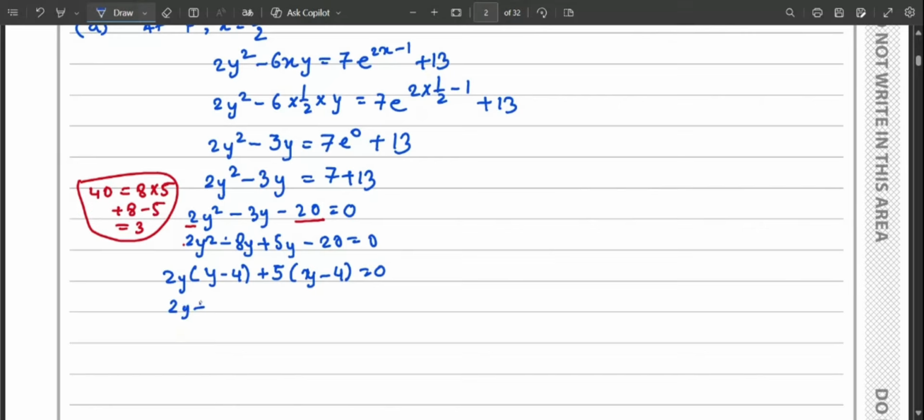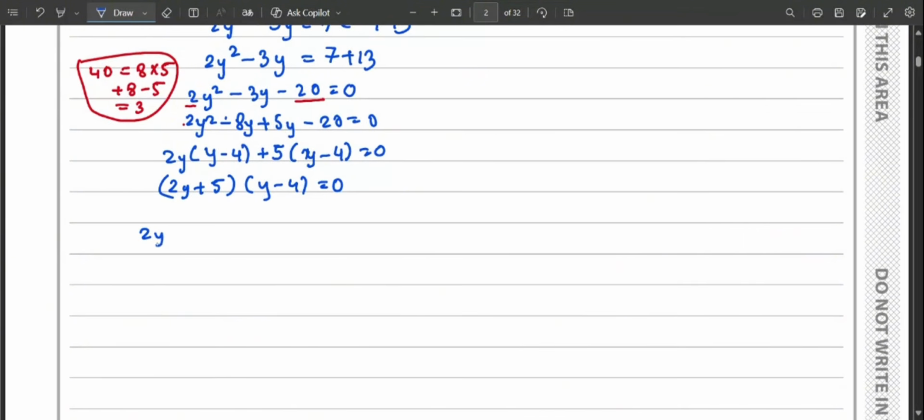So now I can write that 2y plus 5 into y minus 4 is equal to 0, and 2y plus 5 and y minus 4 are the two factors for this quadratic equation.